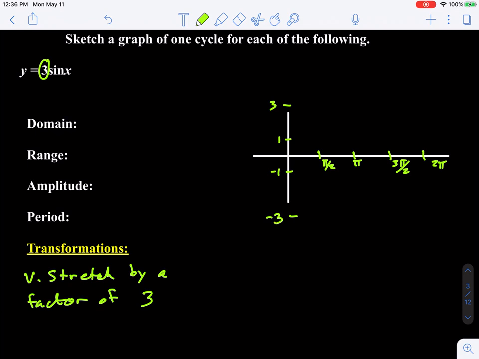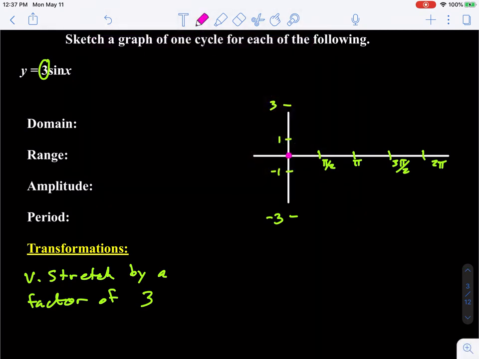Now the shape of the graph is still the same, which means if you think about the sine of 0, the sine of 0 is 0, and then that leaves you with 3 times 0, which is 0. So (0, 0) is still going to be the starting point for our graph.